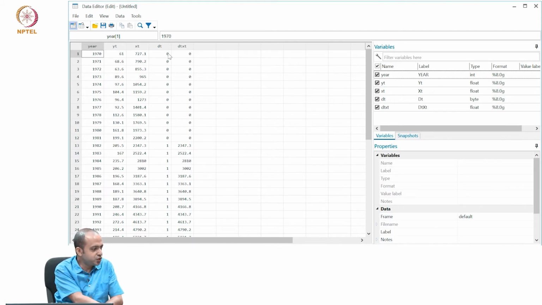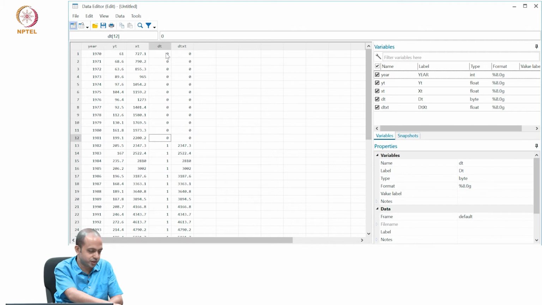So, we have assigned 0 value. See, 0 starts from 1970 and it goes up to 1981.